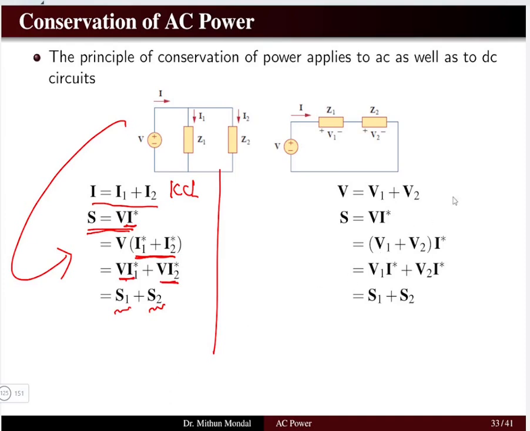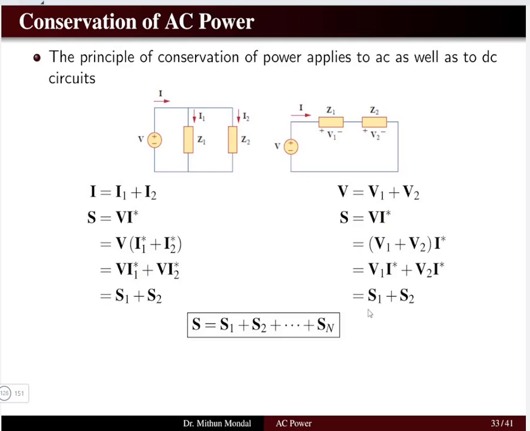Same thing for the series circuit, where we apply KVL. So voltage is equal to V1 plus V2 and the complex power is V I conjugate. Here we substitute the voltage as V1 plus V2, split it up, and find the complex power in terms of the complex load powers. So we can see that if you have n number of loads, up to Zn, then the complex power S is being given from the supply end.